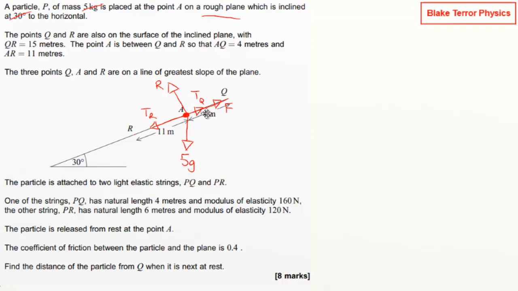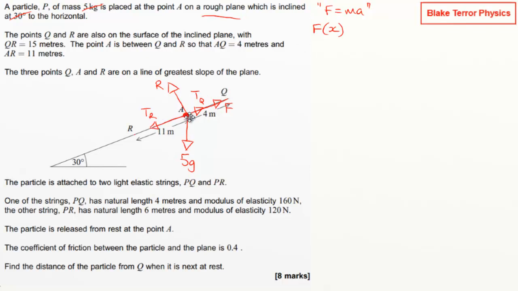And you might think, yeah, well, we've got a force diagram, so let's jump in and start doing Newton's second law. The thing is, if you start doing Newton's second law, you're going to get a lot of terms related to distance because the two tensions here are going to be related to the position of the particle relative to R and Q. So the force is going to be a function of x, our distance away from, well, wherever we decide to measure it from.